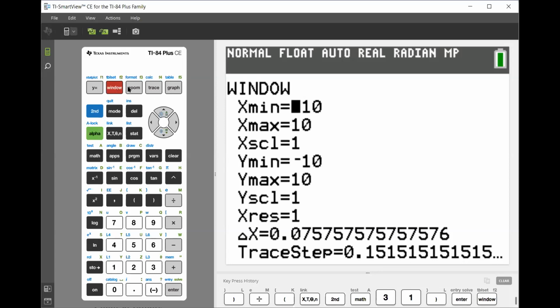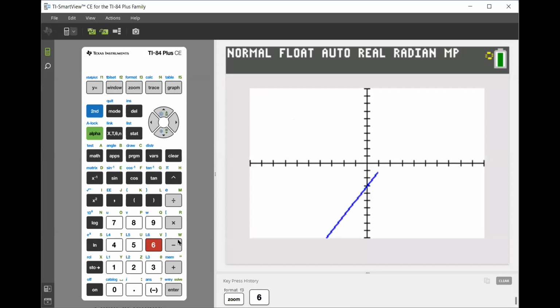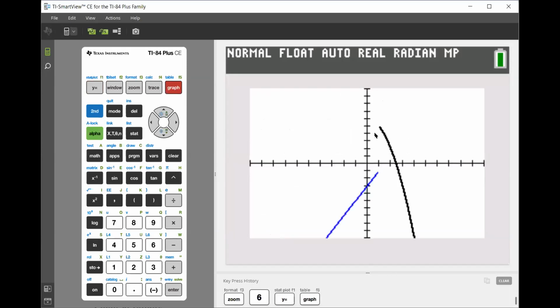I can also get the graph by pressing zoom and number 6 for standard. And there is a picture of my graph. All right, that's fine. Now, notice my Y1 is blue, Y2 is red, Y3 is black. I don't see the red graph. There's a good reason for that.